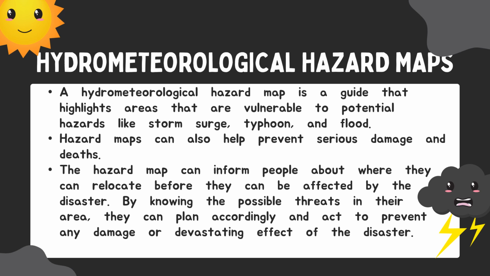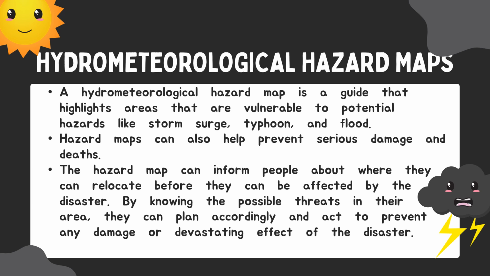So this map is a guide that highlights areas that are vulnerable to potential hazards like storm surge, typhoon, and flood. Now, the main goal of a hazard map is to prevent serious damage and deaths.